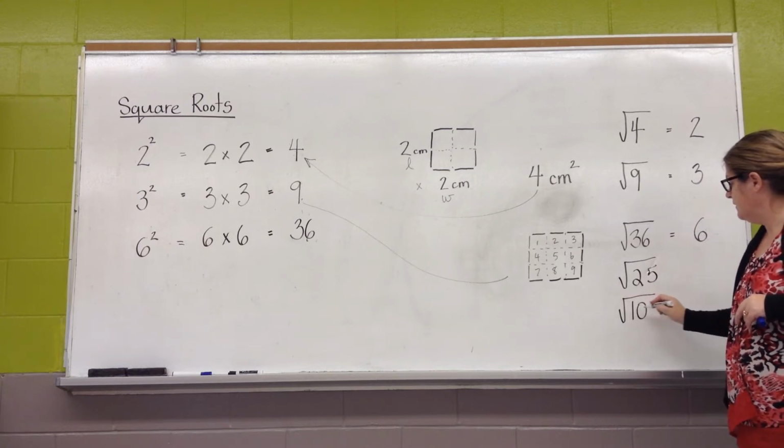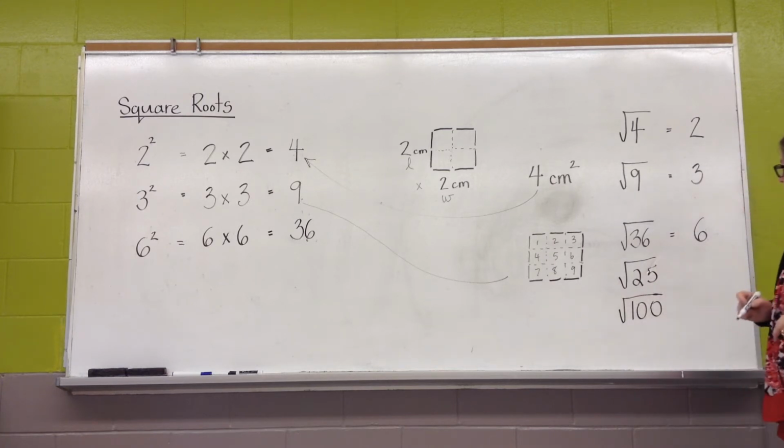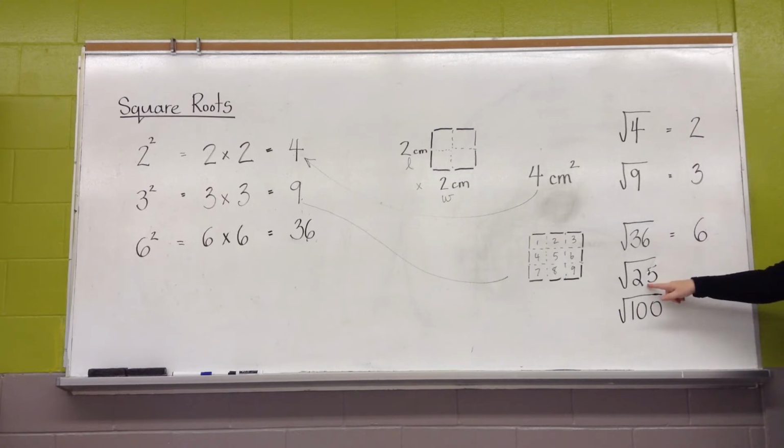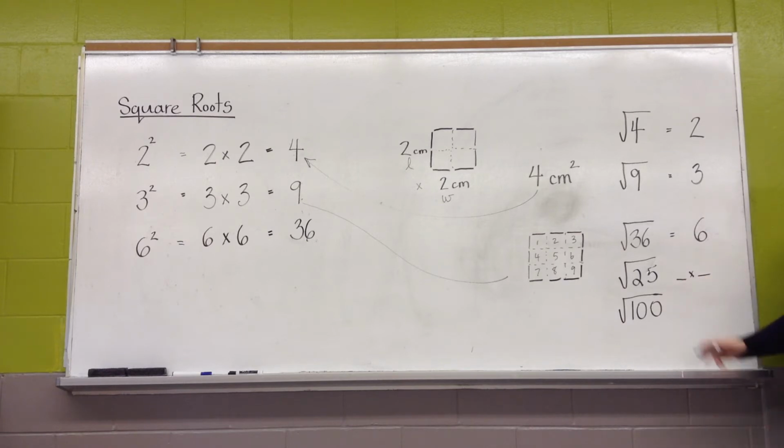Here are some more familiar ones in our friendly numbers. The root of 25, what 2 numbers, when multiplied, and those numbers are the same, will give us 25, and the answer is 5. Again, what 2 numbers would multiply and give us a root of 100? We would get the answer is 10.